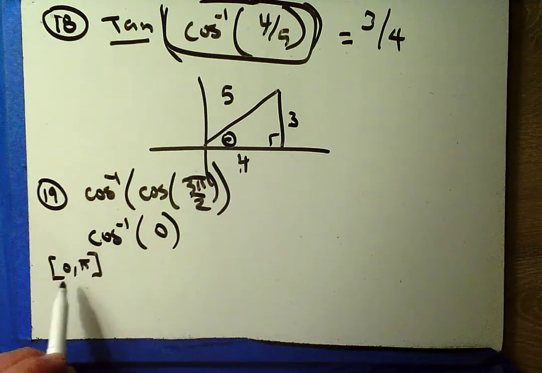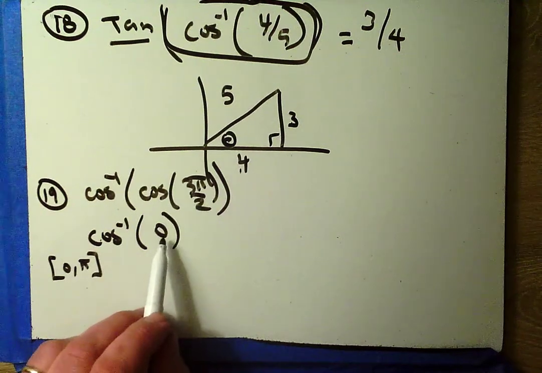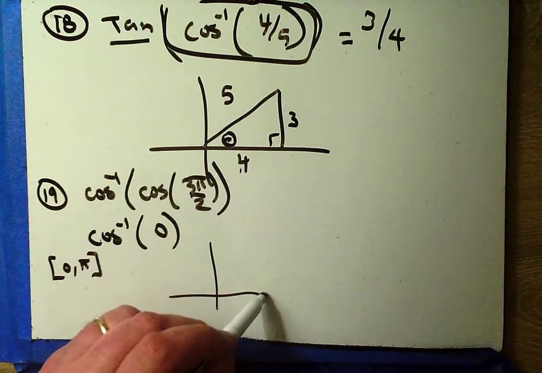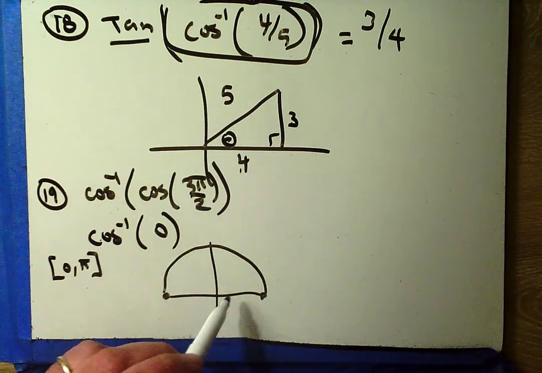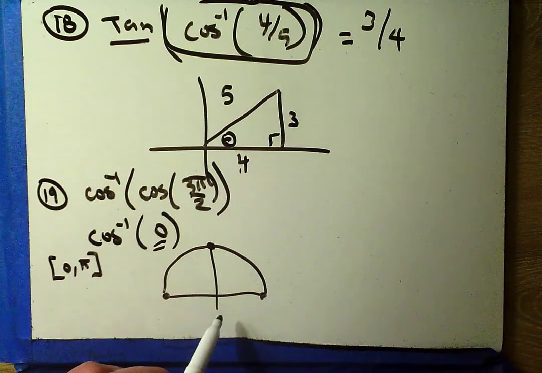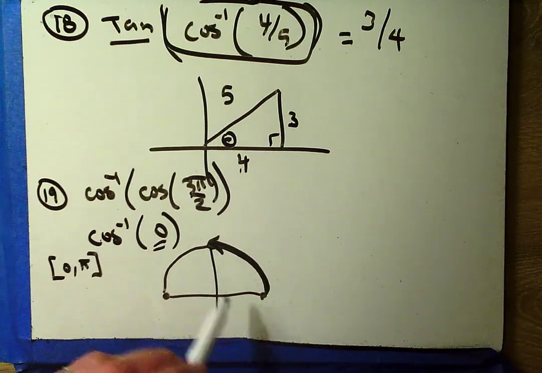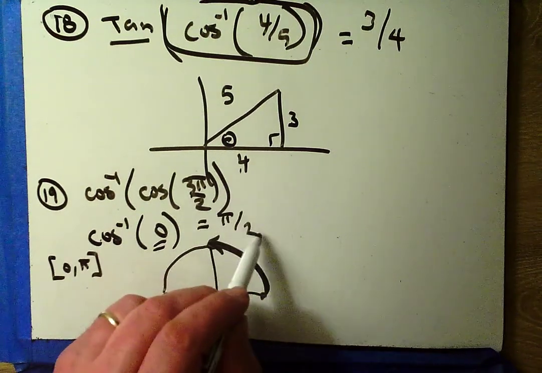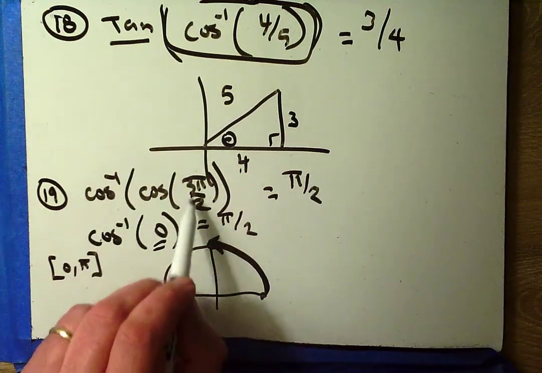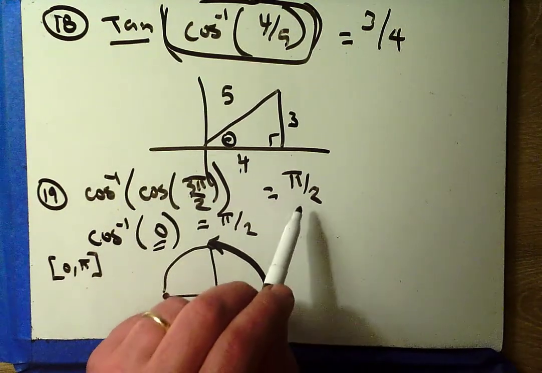So I'm looking on the unit circle from 0 to pi, where the overness, or x value, is equal to 0. Here it is. And that angle is pi over 2. So in this problem, I couldn't cancel these out, because if I did, I would have gotten 3 pi over 2.